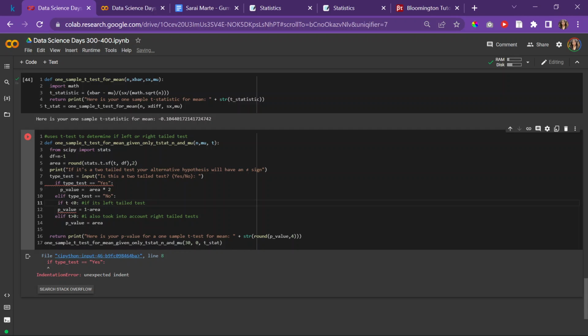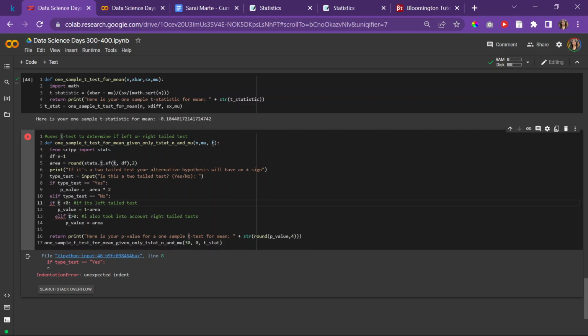Is it because I didn't put... I'm literally so lost. What did I do? If type test is equal to yes, p-value is area times 2, right? It's a two-tailed test, that makes sense, right? Okay, we should do that, and then do this, and then do that.